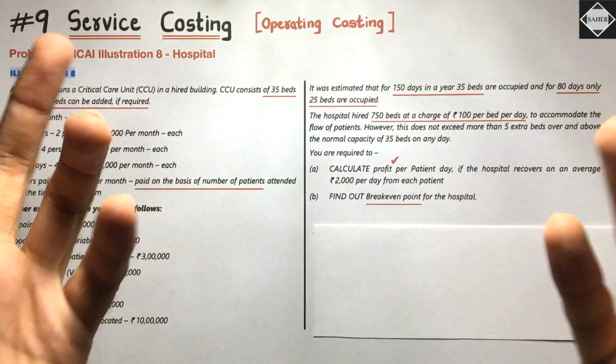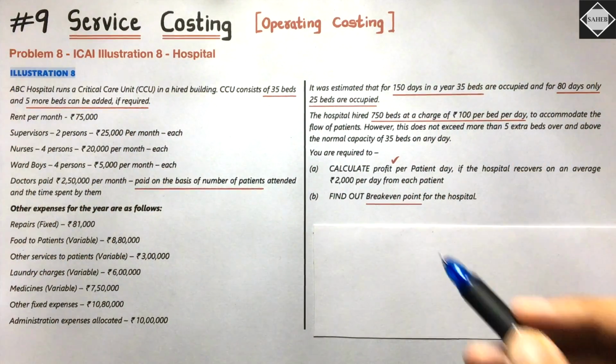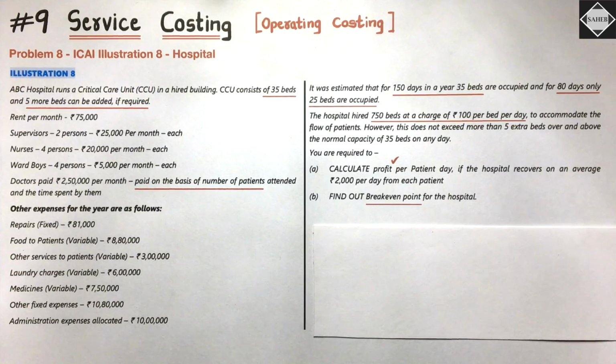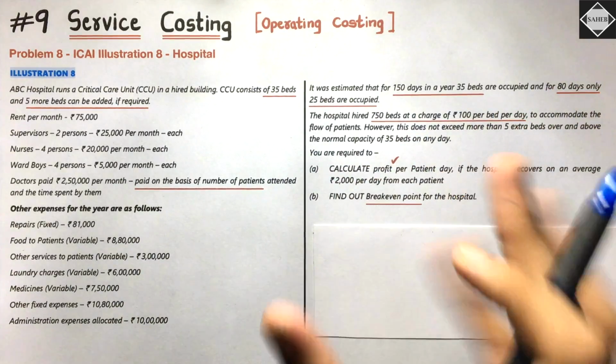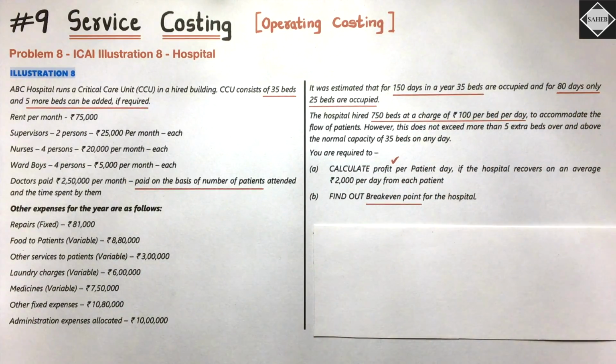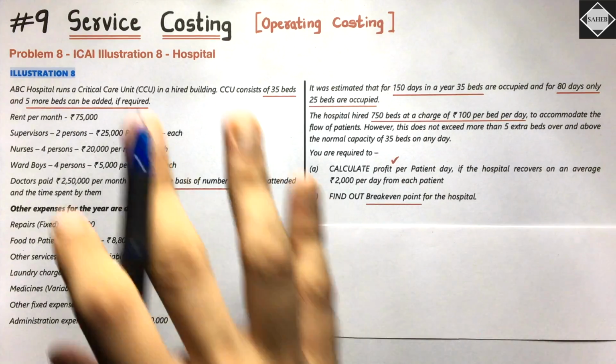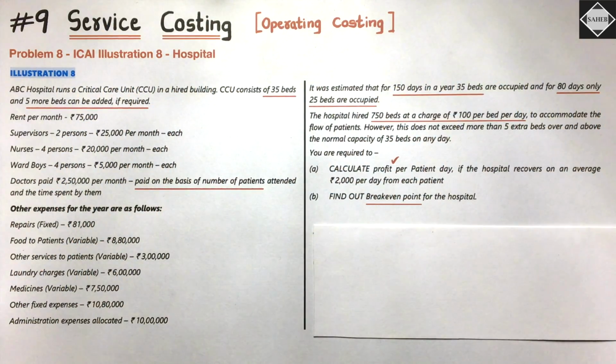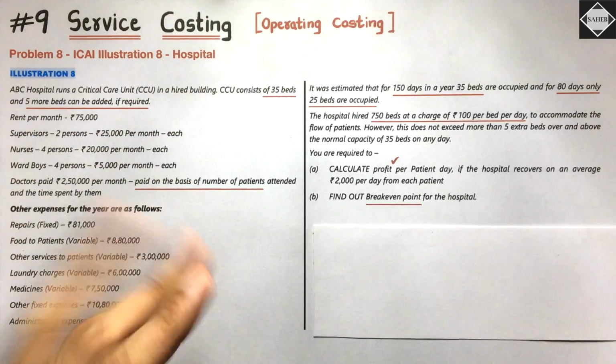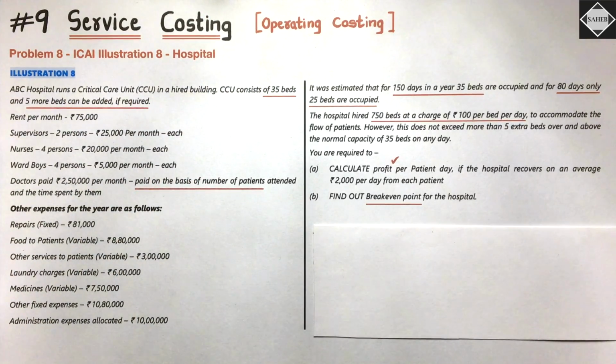You need the segregation properly, right? Then only you will be able to calculate the break even point with that formula, fixed cost divided by contribution per unit. So that is why we have to properly understand what is fixed cost and variable cost over here. Otherwise, we could have directly taken line by line. Okay, no need of any format and all. But because of break-even point requirement, we have to properly categorize variable cost and fixed cost.